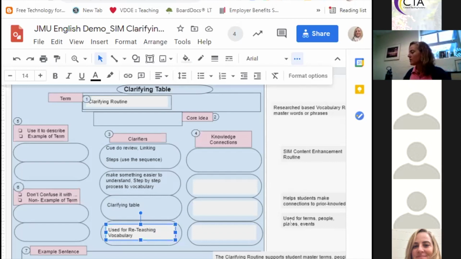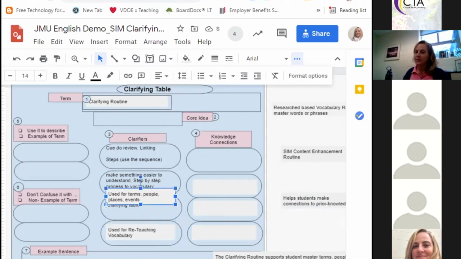The other part that I want to add in that makes it a little bit different than some of the other ones is that we're going to use it with terms and people, events, and places. So thanks for giving me some clarifiers. If I need to identify what the clarifying routine is, these are going to be things that set it apart from other things.